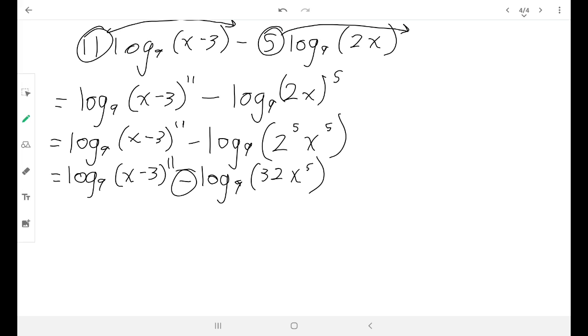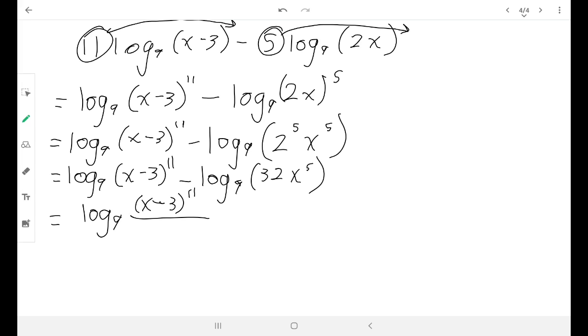And if I want to keep condensing, that minus has to condense into division. Okay, so that'll give me log base 9 of a fraction now. And at the top of the fraction is going to be this x minus 3 raised to the 11th power.